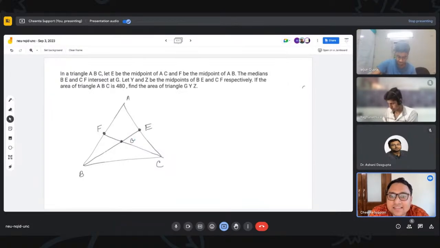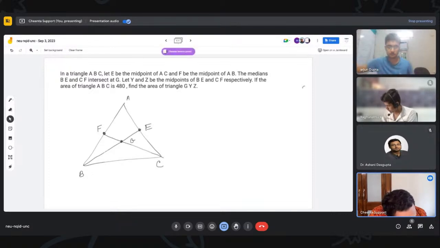Now Y and Z are the midpoints of BE and CF. So maybe I can change the color. This is Y, this is Z. These are the midpoints of BE and CF. So we are joining YZ.